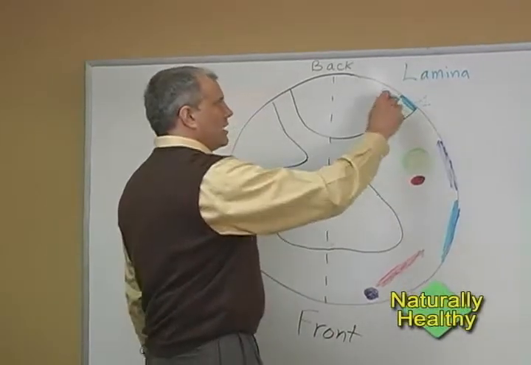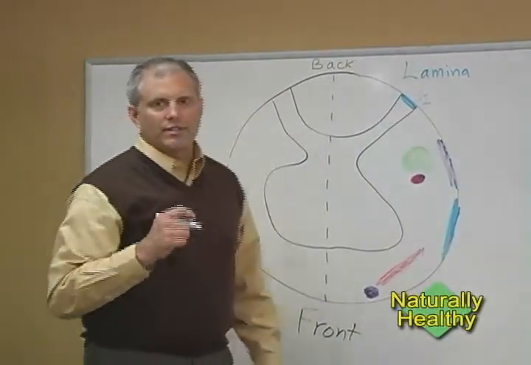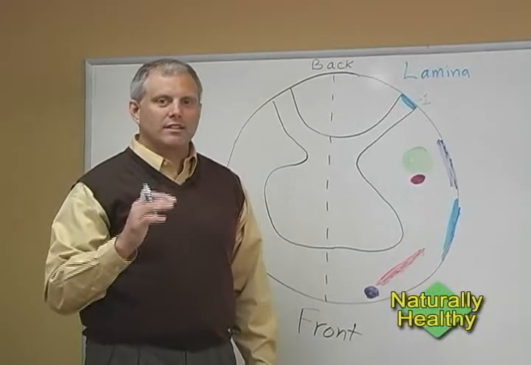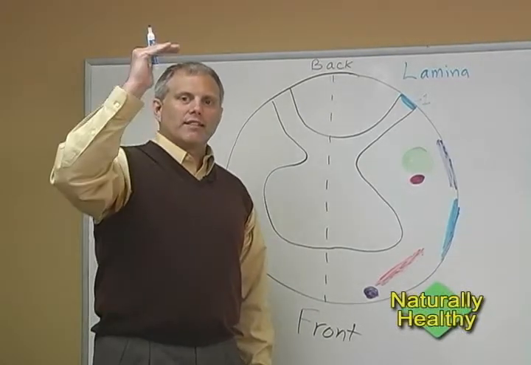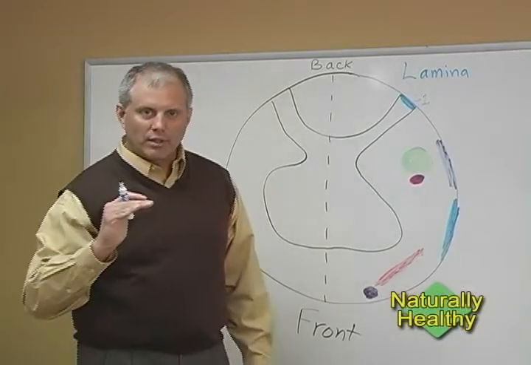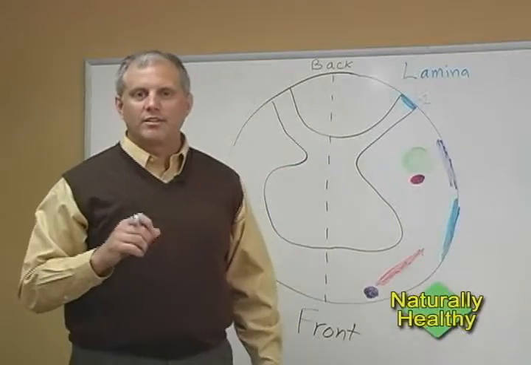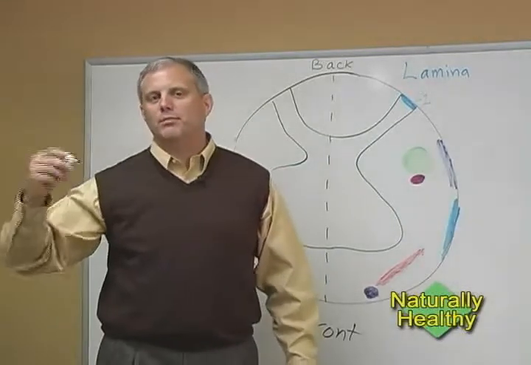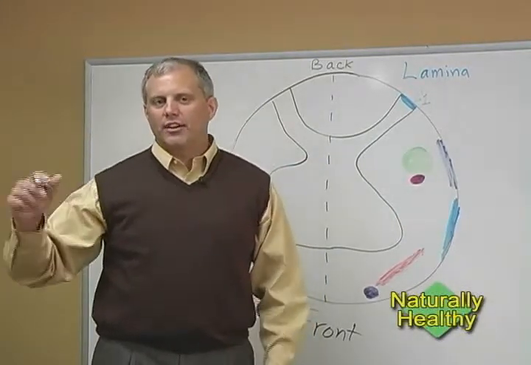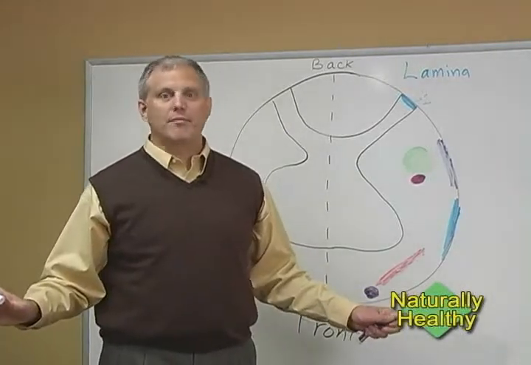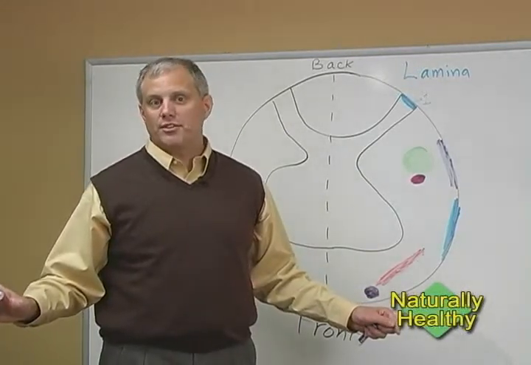There is an area here called the tract of Lissauer that transmits those pain signals a couple levels above and a couple levels below, so it mixes with other nerve signals at those levels that may create some pain in areas of our body that really are not even having any type of pain signal being irritated or stimulated.